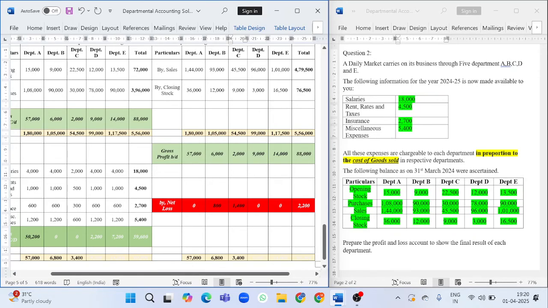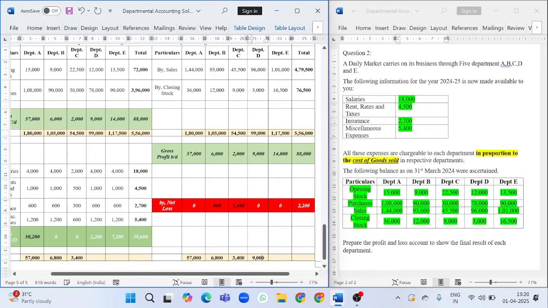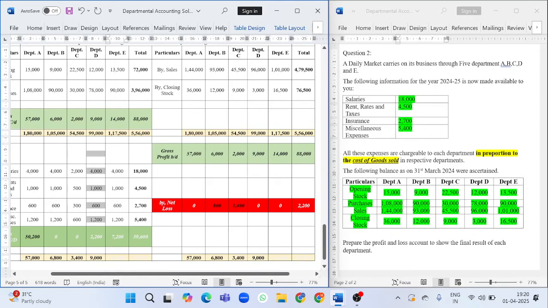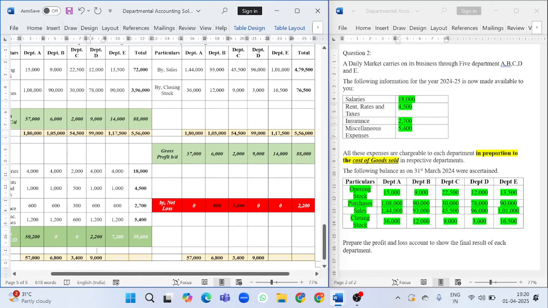Next, department D. In department D, the credit side total is coming more. So the credit side total is 9,000 rupees. The same balance I will write on the left side. From that, if I subtract all these things, 4,000, 1,000, 600 and 1,200, I am getting 2,200 rupees.